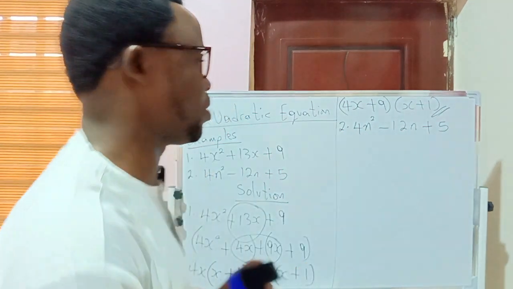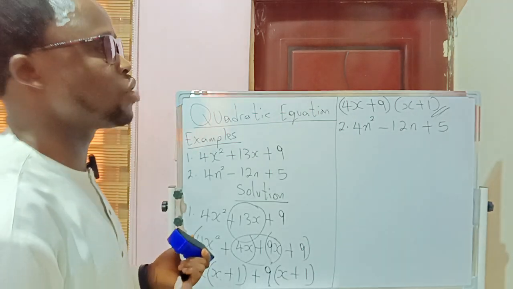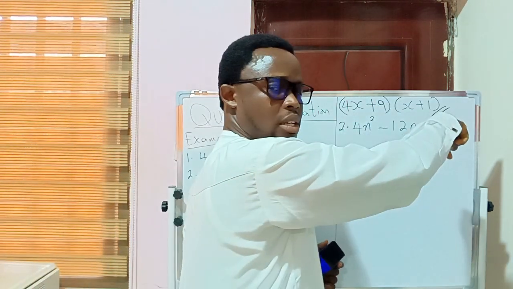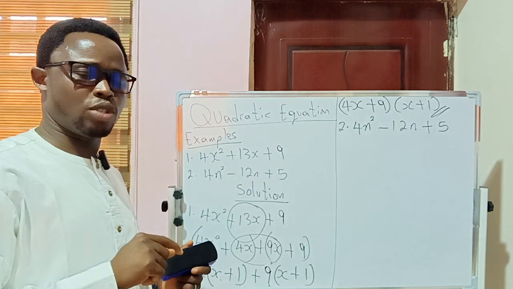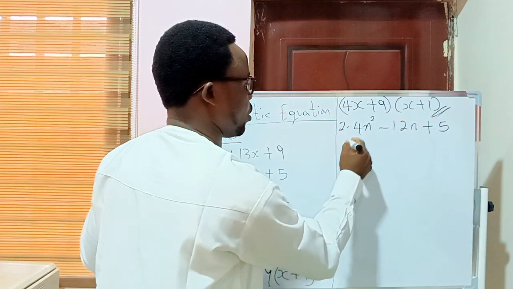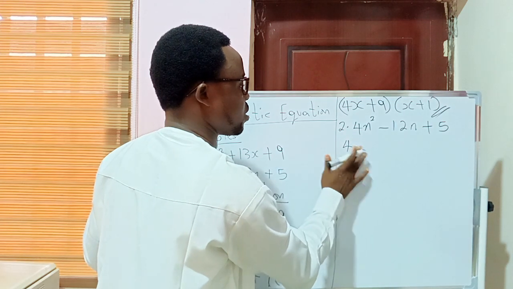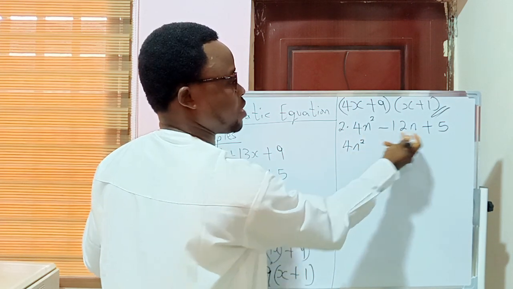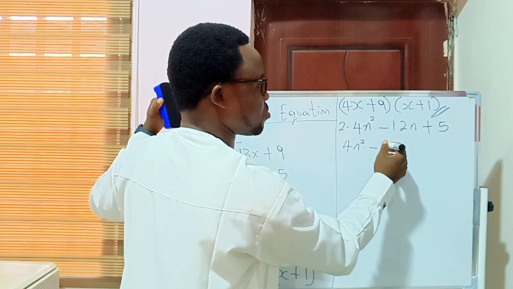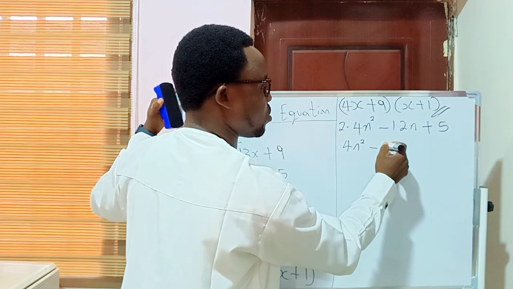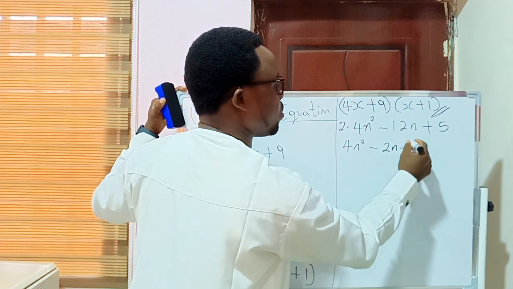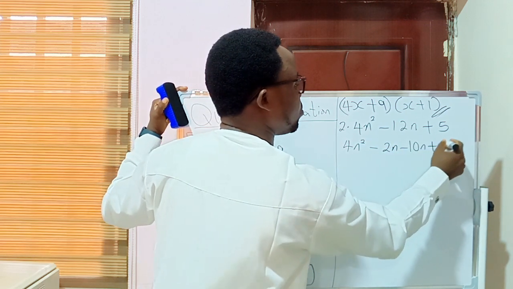So now let's look at it together. The two values are going to be 10 and 2. 10 times 2 will give us 20, and minus 10 and minus 2 will give us minus 12. So now we are going to replace minus 12n with minus 2n minus 10n plus 5.